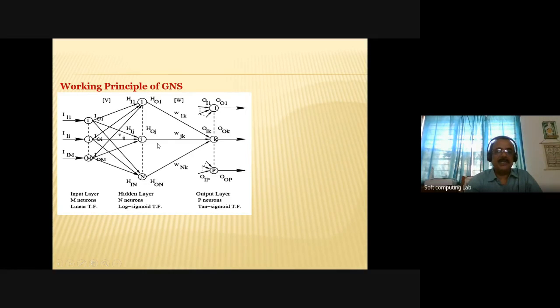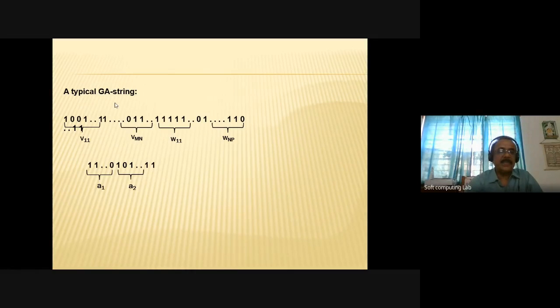Now, what we do is, in the genetic algorithm string, we carry all such information related to the connecting weights and the coefficient of the transfer function. That means, if you see one genetic string, this is the string of a binary coded GA. A few bits will be used to represent the connecting weight V11, then another connecting weight, another connecting weight, and the coefficient of the transfer function.